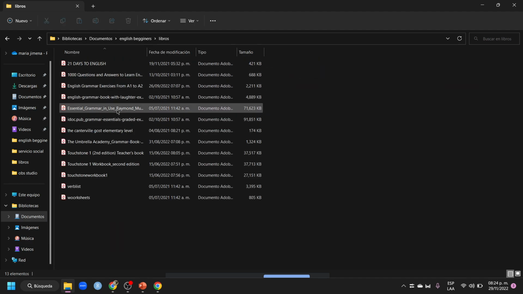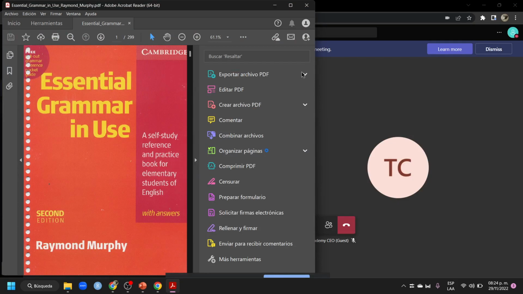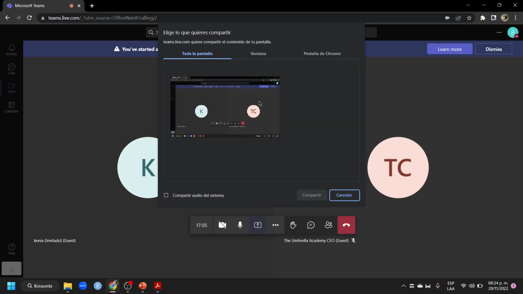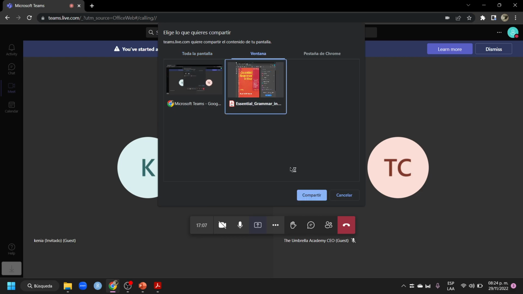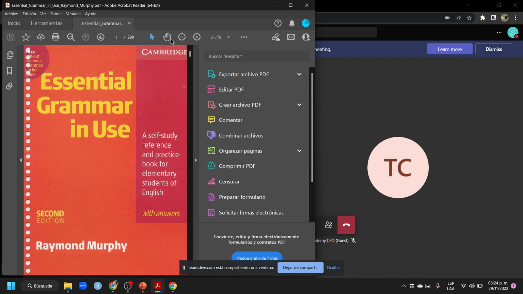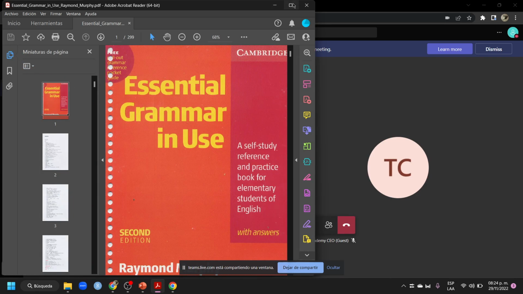Okay, so we are going to continue with the activities of the last class. In the last class we were using, I think, this book. Can you see my screen?